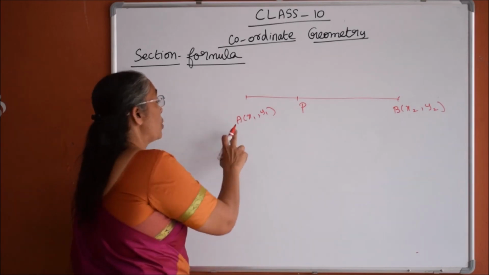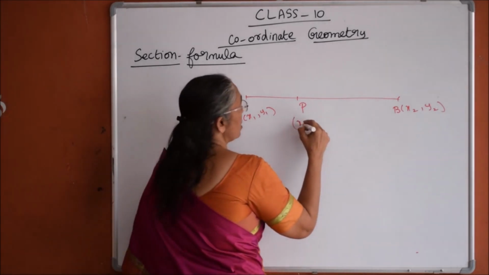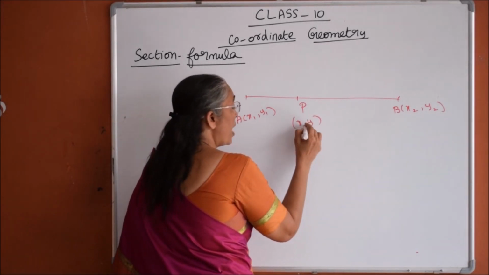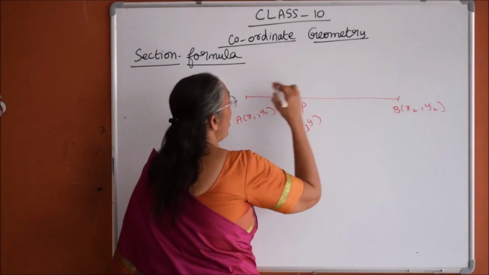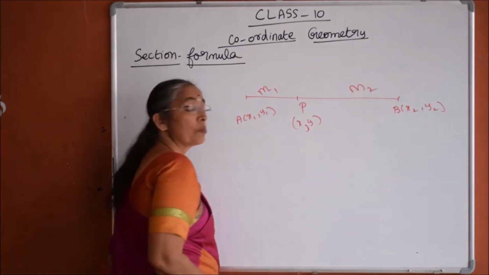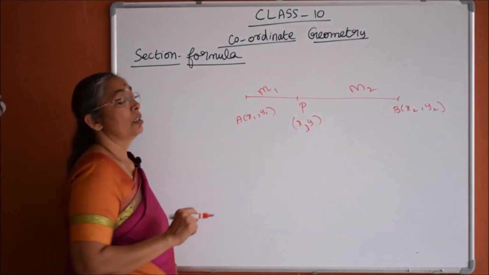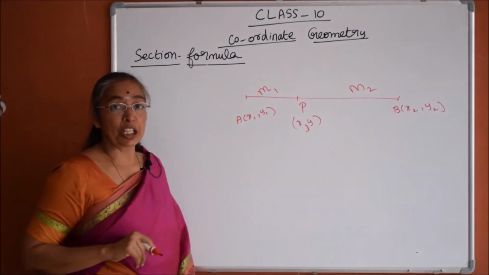Ratio. So A (x1, y1), B (x2, y2), and P is a point (x, y) which divides the line segment joining the points A and B in the ratio m1 is to m2. Then we can find the point P. That is what is known as the section formula.